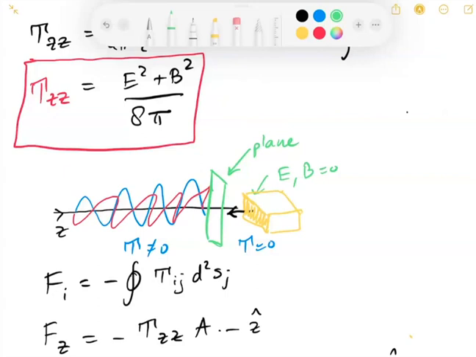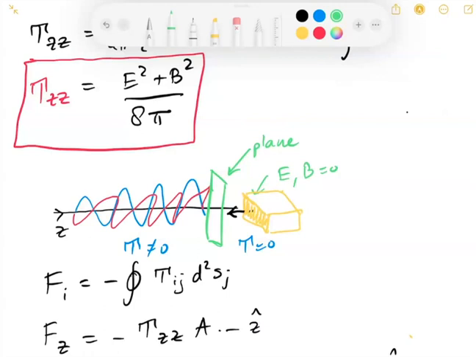It'd be the identical stress tensor. What does that mean? Well, it means that if you have a reflected wave, you get double the pressure because now you have a TZZ for the incoming wave, that is some kind of a number, and you have a TZZ for the outgoing wave, and it's identical, it's the same number, or some kind of a time average number if you want to do it this way.